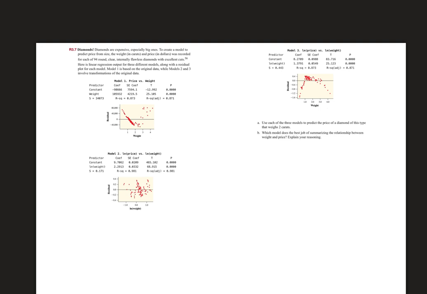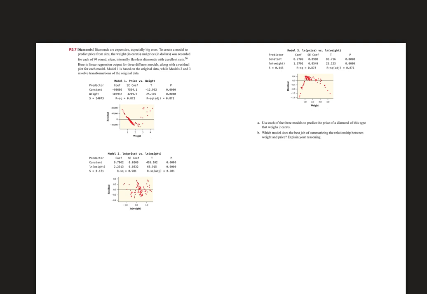We're going to use these different models to try to pick the best model, or the one that has the best linear relationship. They say model 1 is based on the original data, while models 2 and 3 involve transformations of the original data.